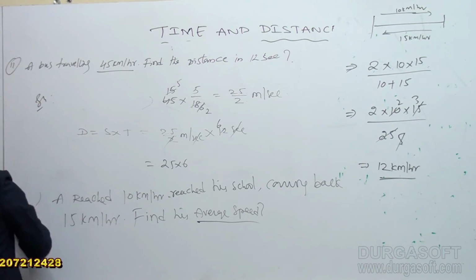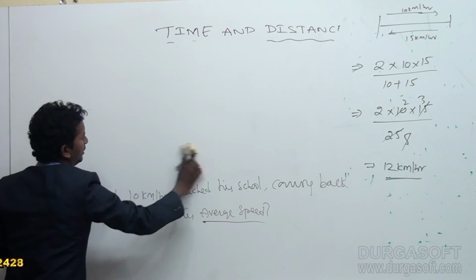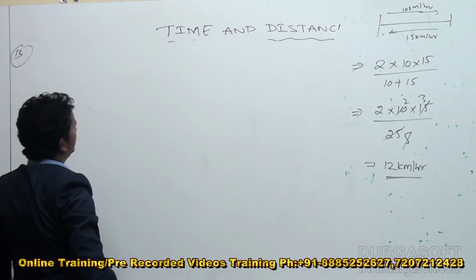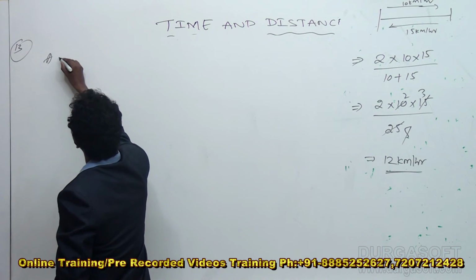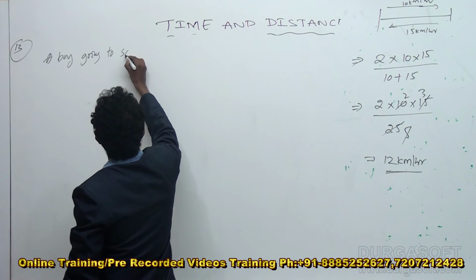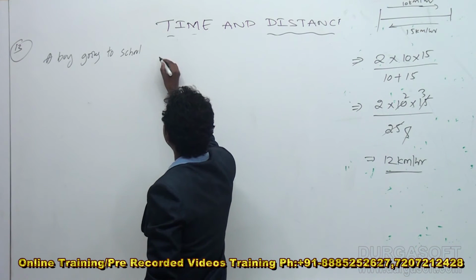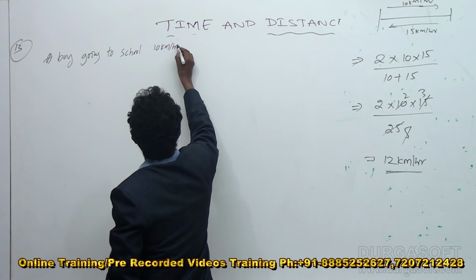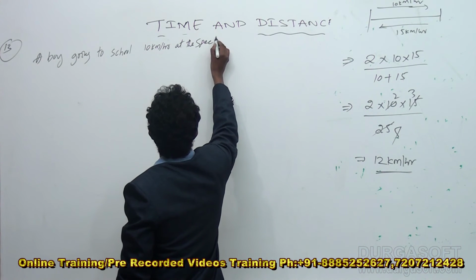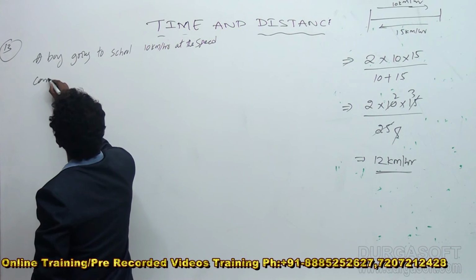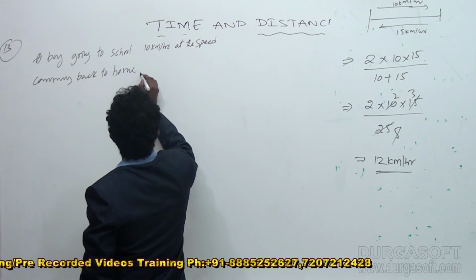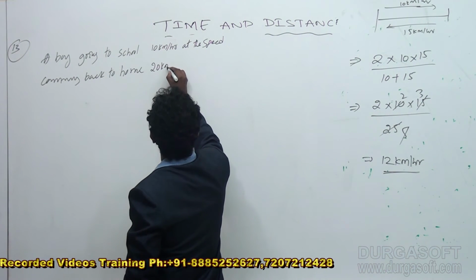Now the 13th problem. A boy is going to school at 10 kilometers per hour and coming back home at 20 kilometers per hour.